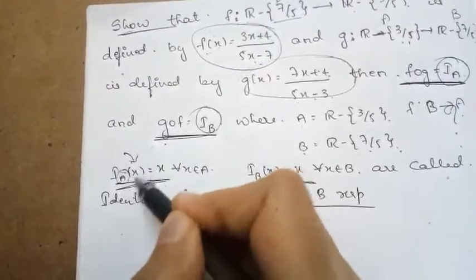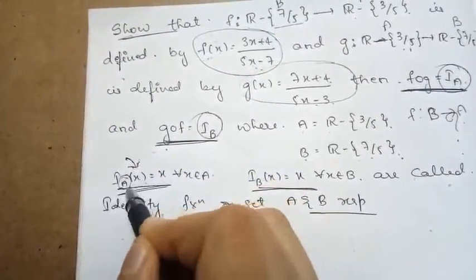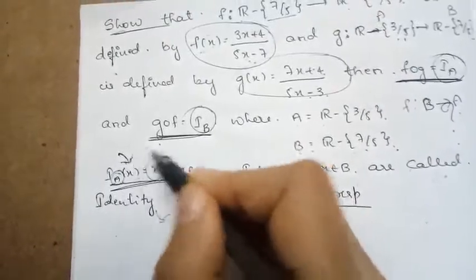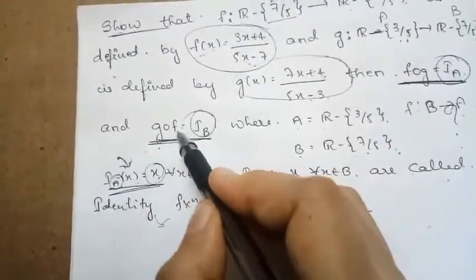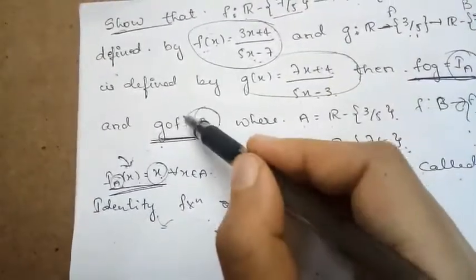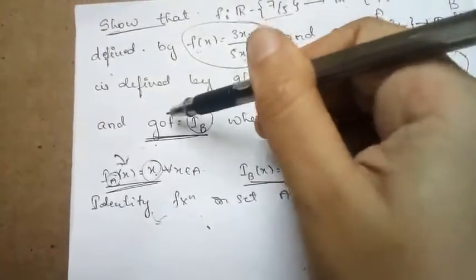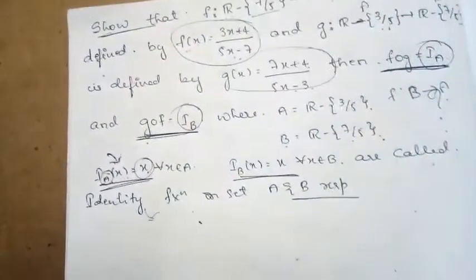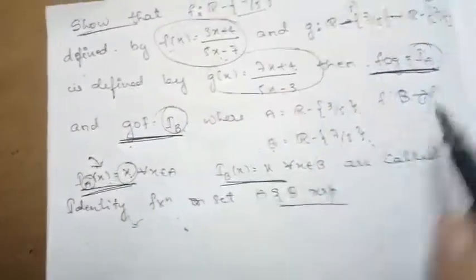So IA of x means the values you have inputted are from the set A, and you get the same values from the set A itself. Similarly, gof is equal to IB means the values you input to this function are from the set B, and you get the same values as output from the set B itself.